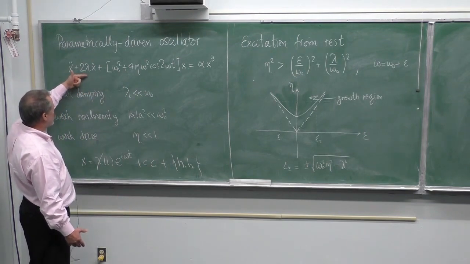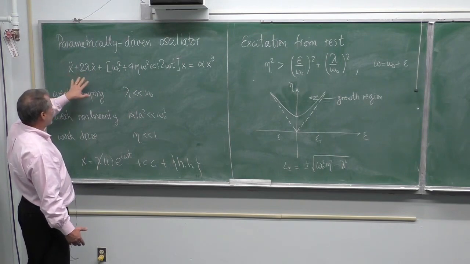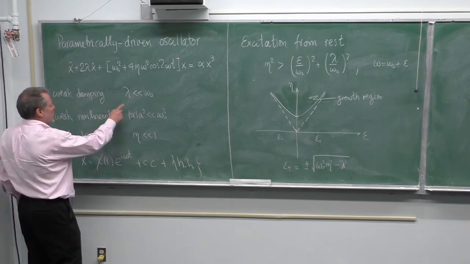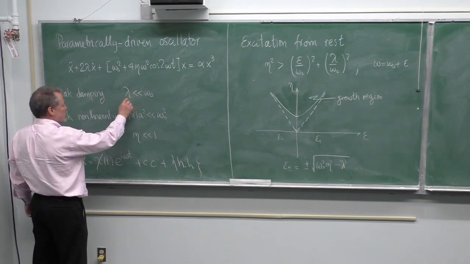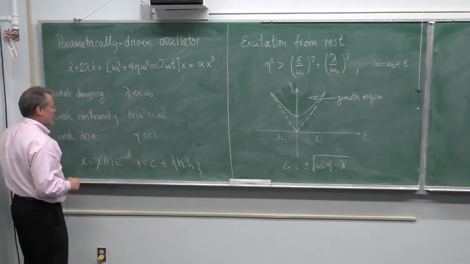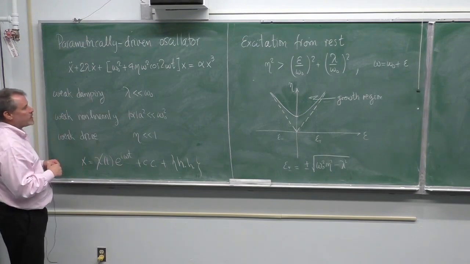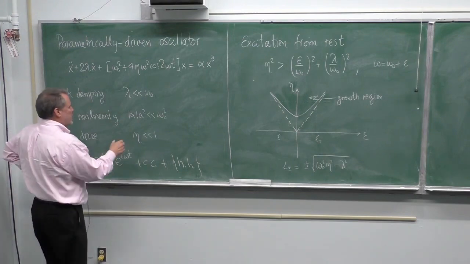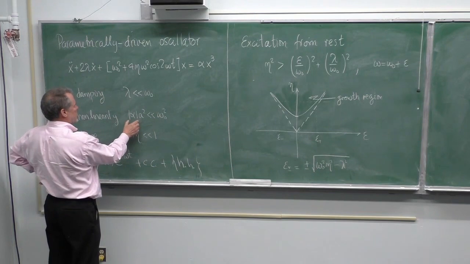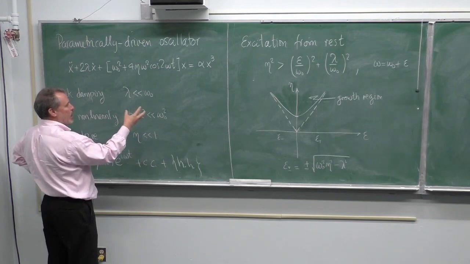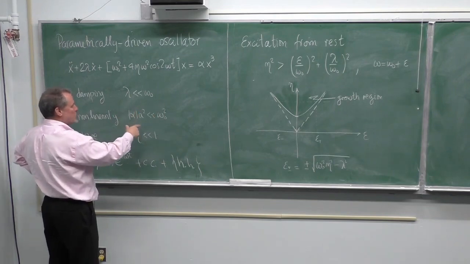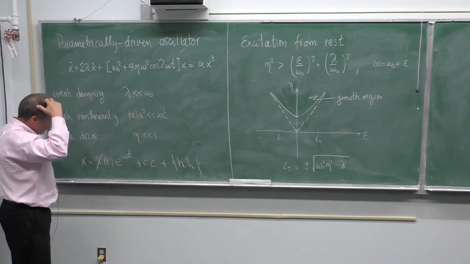We have weak damping as a basic assumption, expressed in this fashion: lambda is much less than omega naught. The nonlinearity is also weak, quantitatively expressed this way: the magnitude of alpha times a squared, where a is the excursion of the pendulum, is less than omega naught squared.